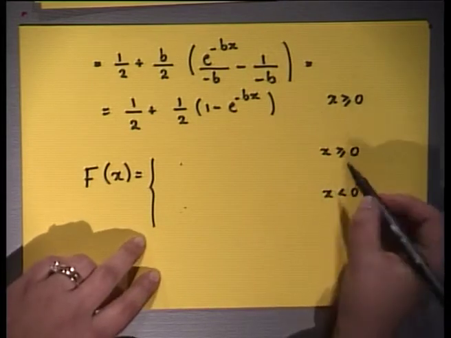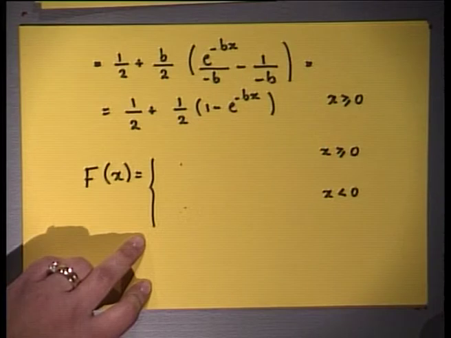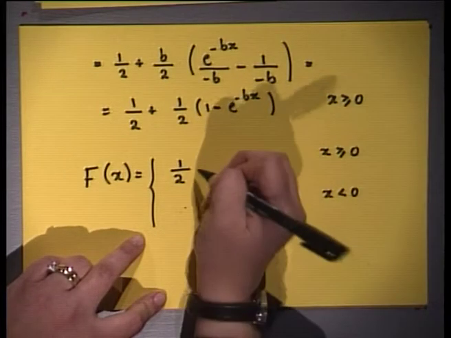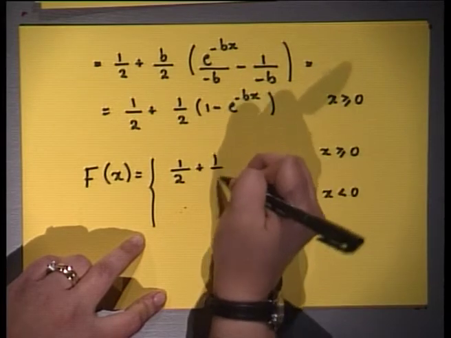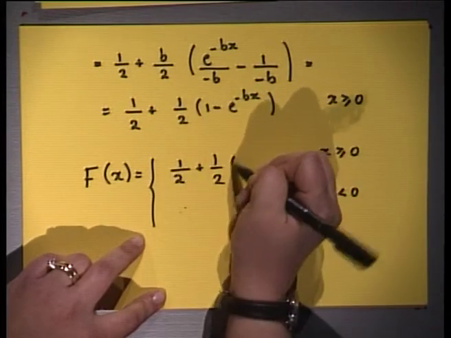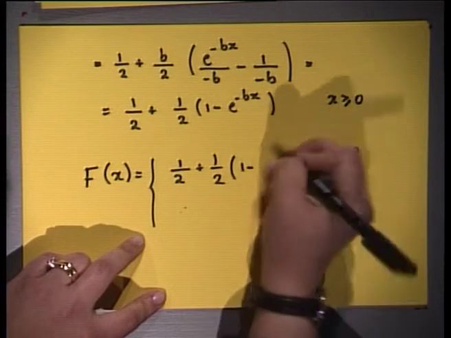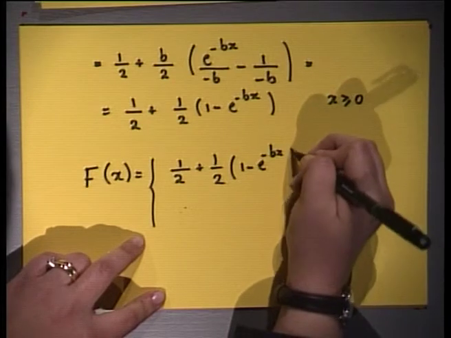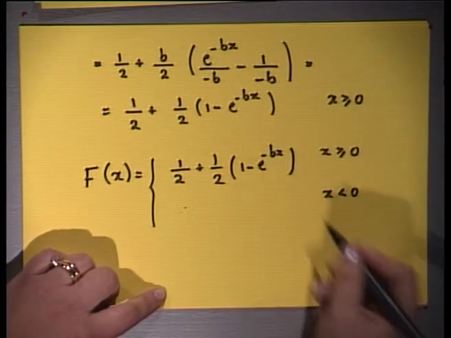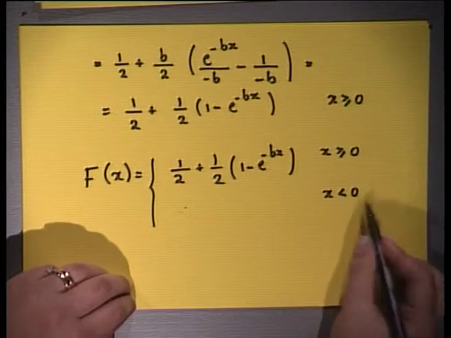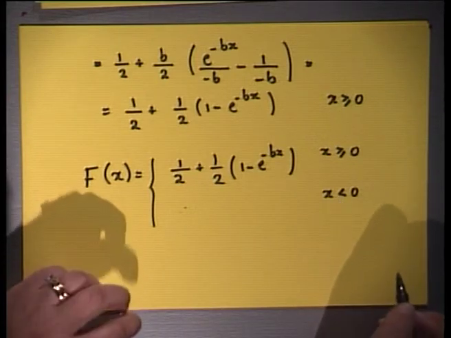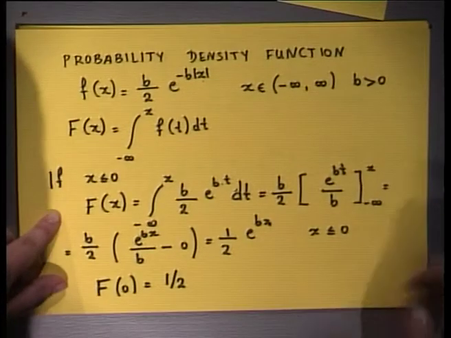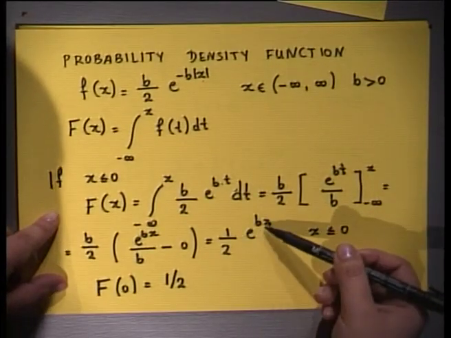So for x greater or equal to 0, the cumulative distribution function equals half, and we rewrite what we have calculated. Remembering what we calculated before for x less than 0, it was half e to the b x.